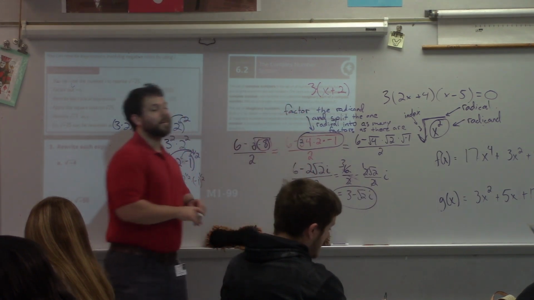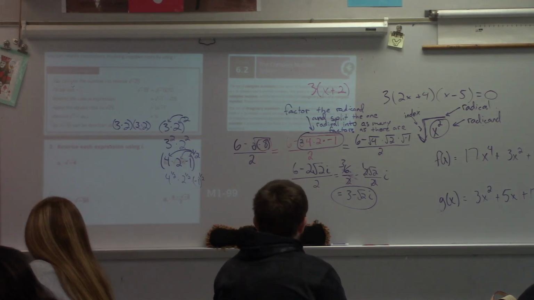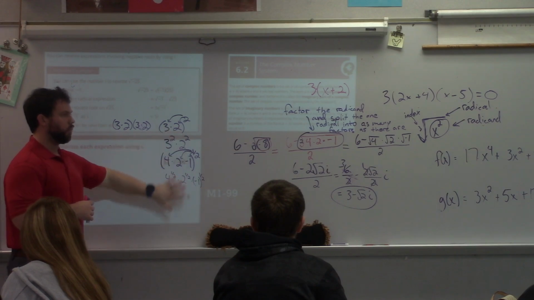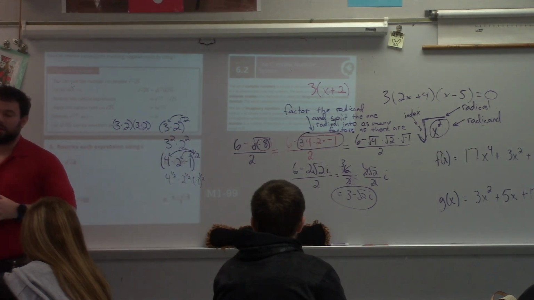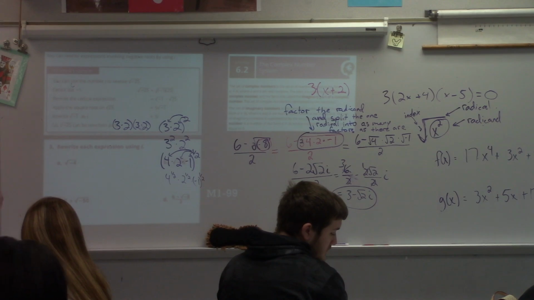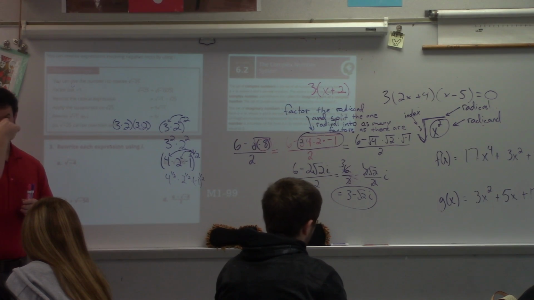Make sure that i is not under the radical. So again, this right here was just to illustrate why I can split into those radicals. But you split the radical into as many factors as you have. Make sure that you do every perfect square you can.